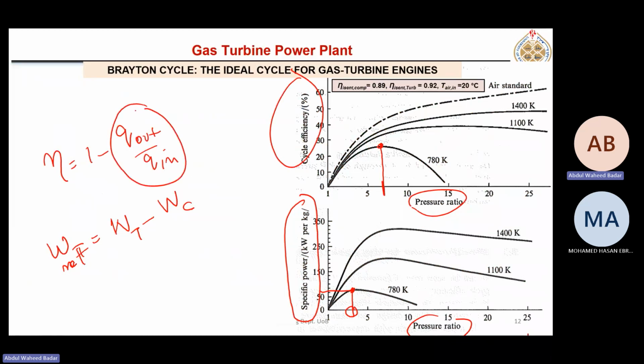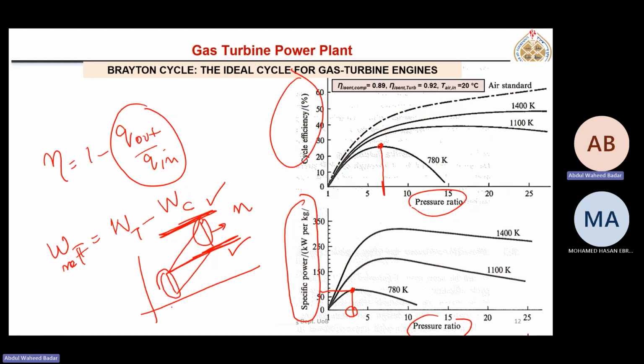Here, efficiency is telling us the difference between this maximum temperature and minimum temperature. How much of this is converted into work here? That is efficiency. But what is net work output? This minus this compressor work. So by increasing pressure ratio, this term goes here, and this difference increases at higher pressure ratio.